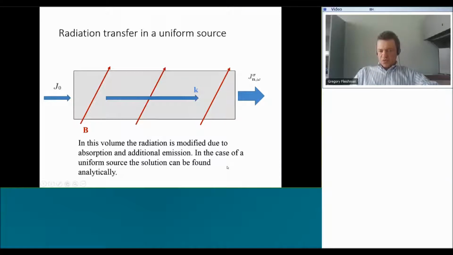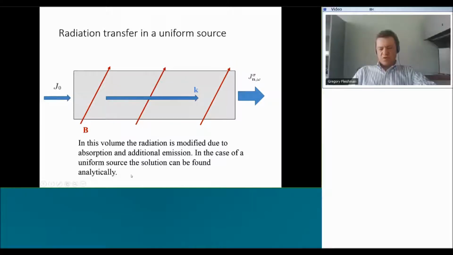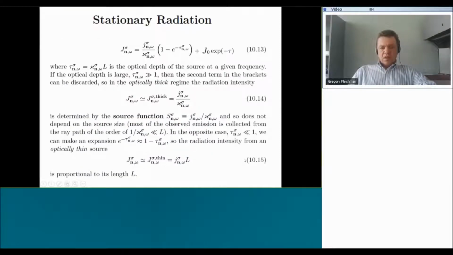So in this case of a uniform source, the general solution can be found analytically as the solution of radiation transfer. And this portion of work about gyrosynchrotron and free processes has been completed by Ellis last summer. So this is the formula, and this is the equation which describes the stationary radiation.